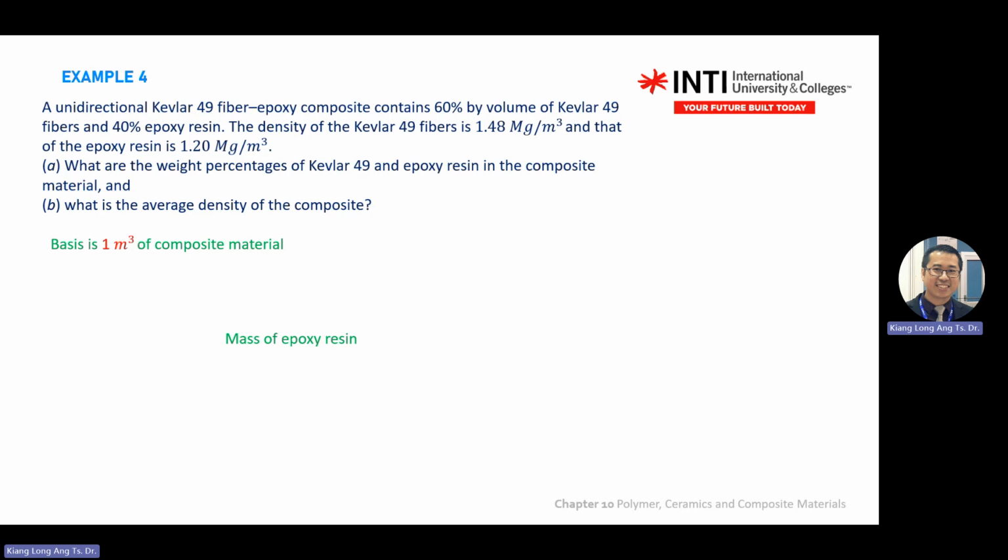What is weight percent? The weight or mass of the object divided by the total mass, multiply 100%.